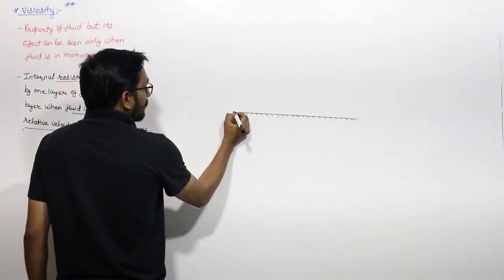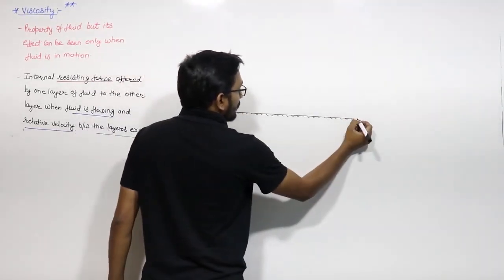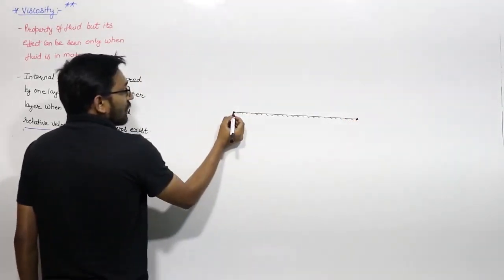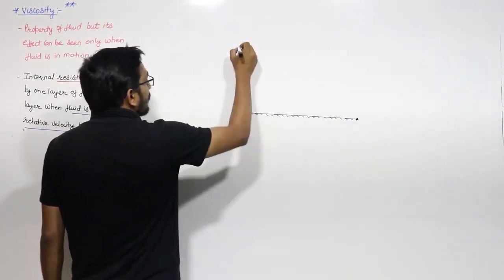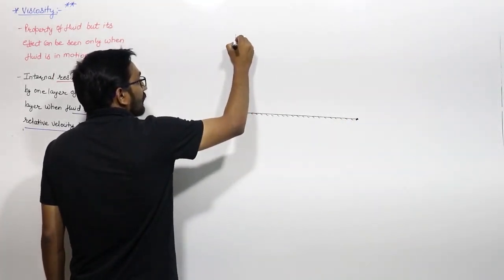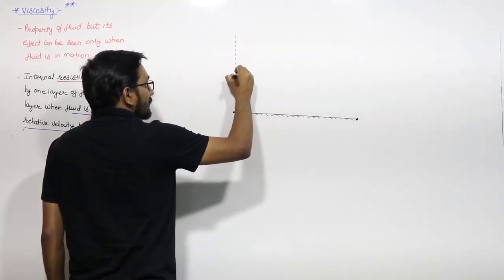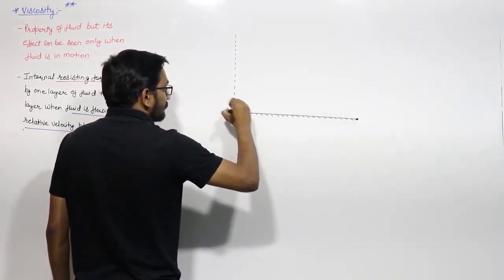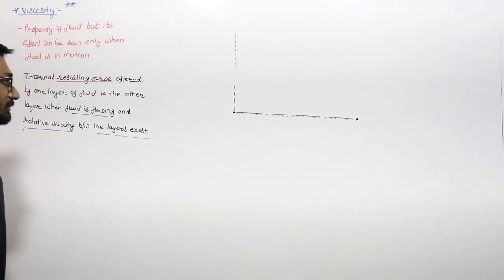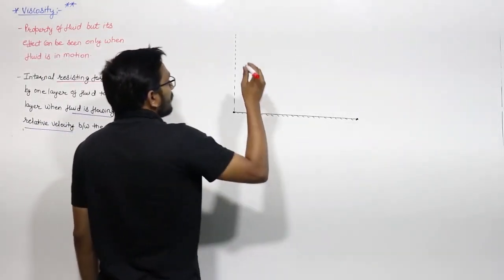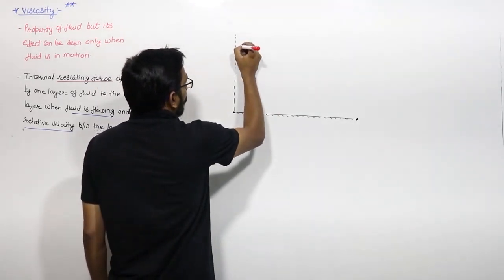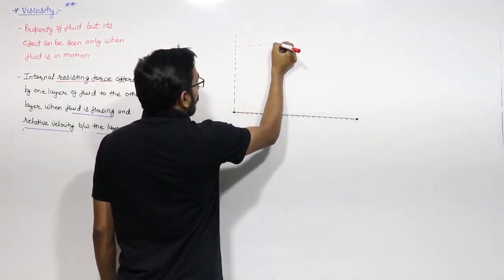This is the starting point of the solid surface. This is the ending point. This is known as the leading edge. This is known as the trailing edge. We will discuss it. Let us say from this section the solid boundary will start, and over this solid surface the fluid is flowing.